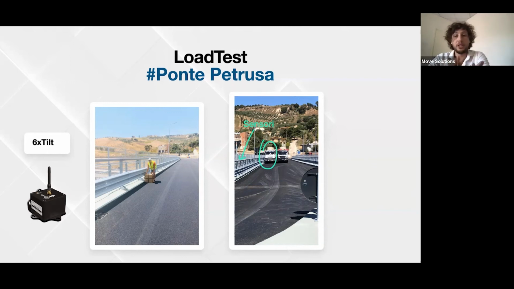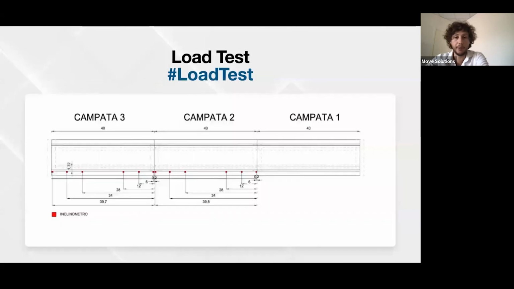There's this bridge in Sicily called Ponte Petrusa. It's a new bridge, and our customer was asking for a load test system. So we gave them 6 tilts. Let me show you how they placed them on the spans.